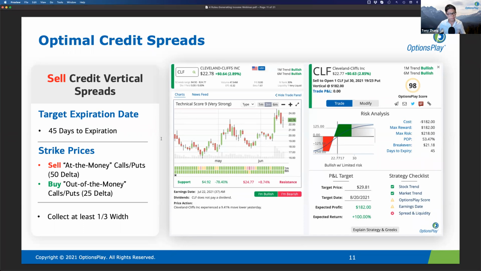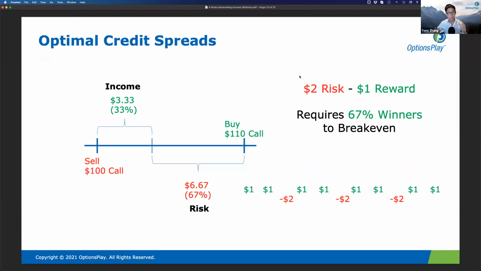So to dive into this and show you how to utilize credit spreads that give you an edge, we really have to understand the relationship between risk and reward. Because a credit spread has defined risk and defined reward, the distance between the two strikes dictates what you have to play with.